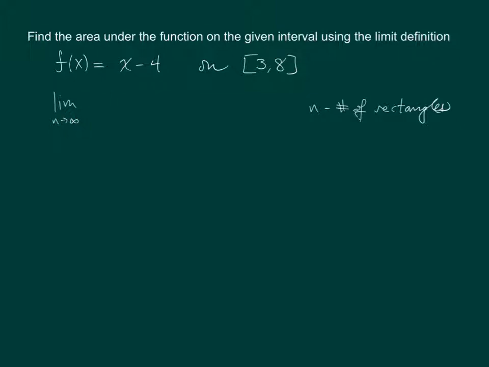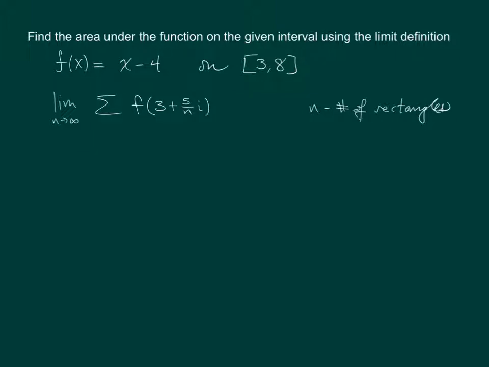From here, we're going to be looking at a sum of a function, and this is how we get the height of each rectangle. We want to start at 3, and we want to add 5 over n i.